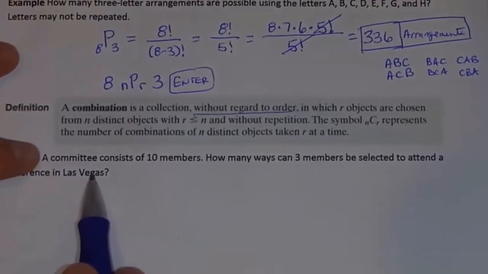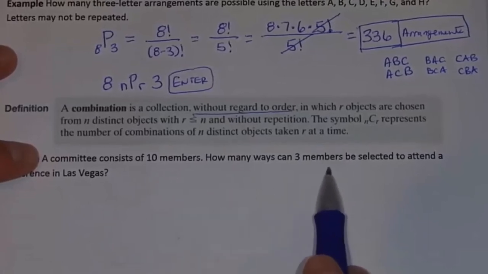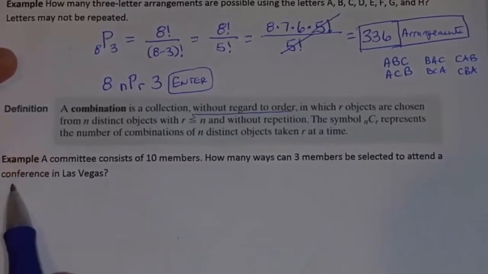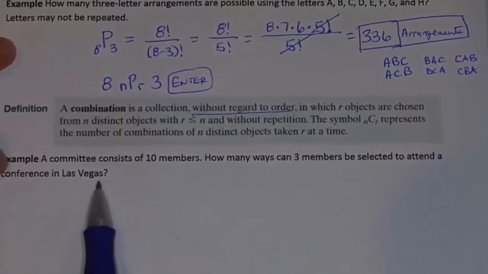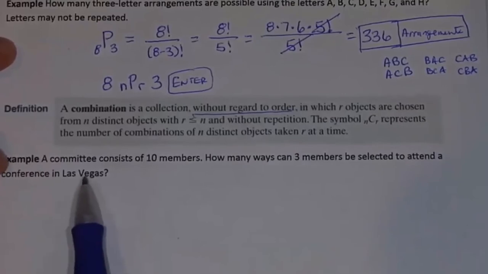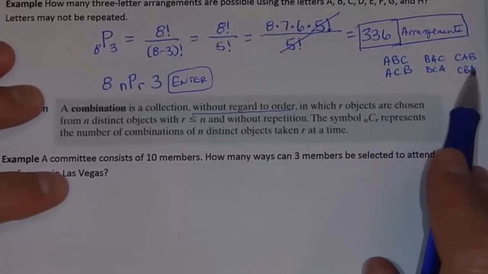Example: a committee consists of 10 people. How many ways can 3 members be selected to attend a conference in Las Vegas? So I'm going to pick 3 people to go to a conference in Las Vegas. The idea is the same here.